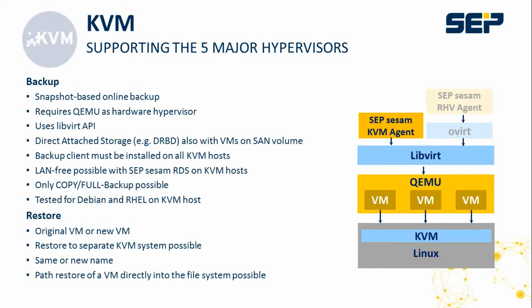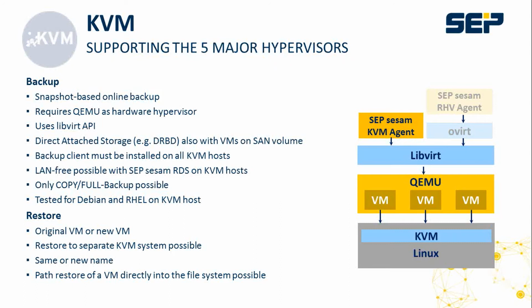There are some functionalities associated with our KVM online agent. You can do LAN-free backup if you install the RDS on the KVM host, because on each KVM host you have to at least install an SEP client, but it could also be a remote device server which acts as a media agent, so that you can extract the data directly from one KVM host to the backup target.